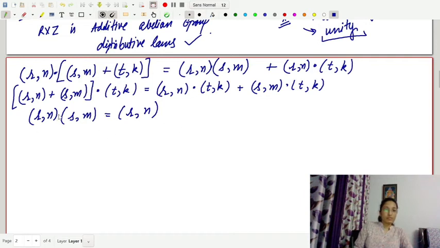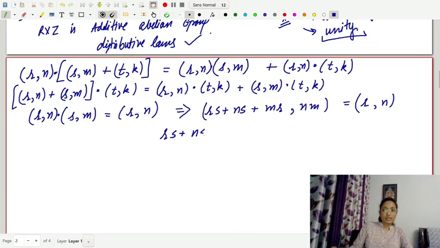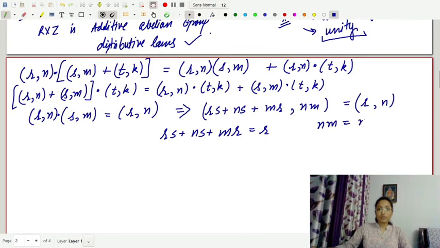Now जैसे कि इसमें मल्टीप्लिकेशन डिफाइन था, by that it implies (rs + ns + mr, nm) is equal to (r, n), which in turn implies rs + ns + mr is equal to r and nm is equal to n, which in turn implies m is equal to 1.